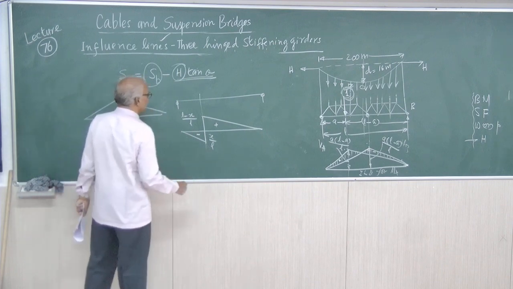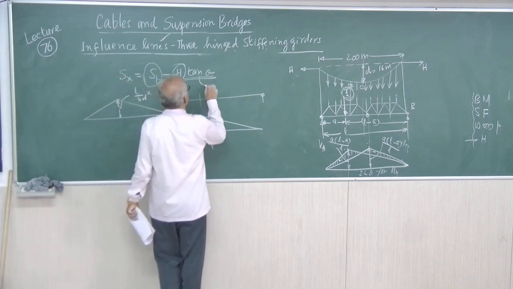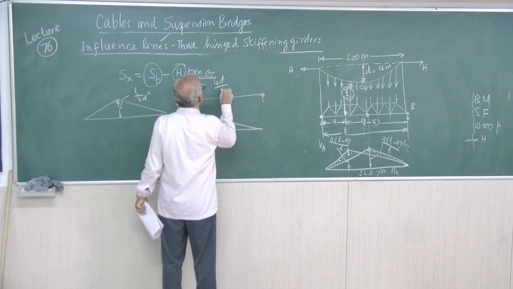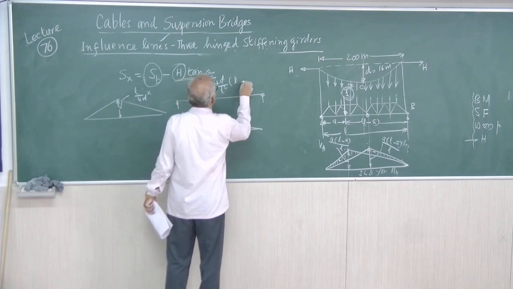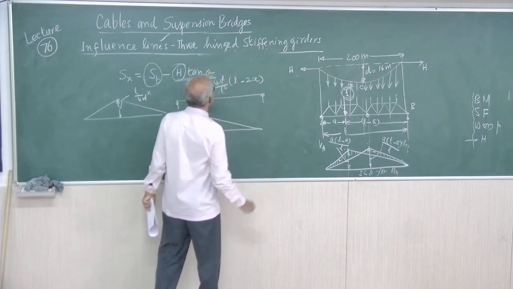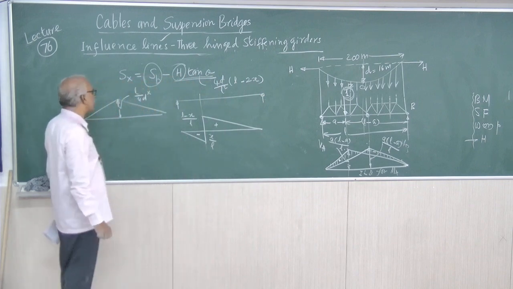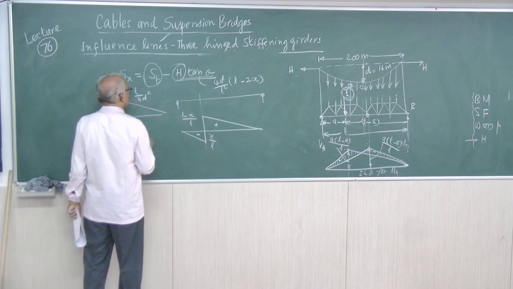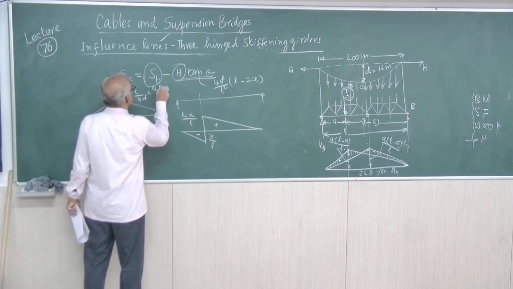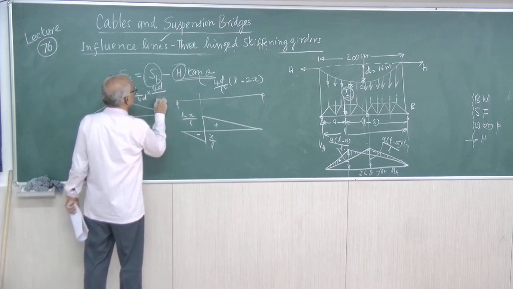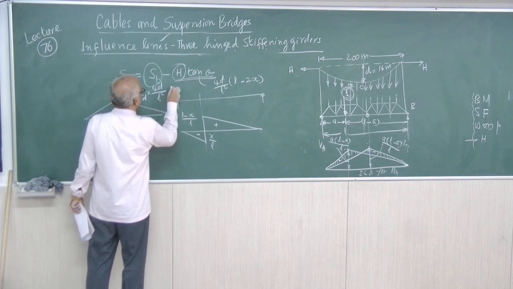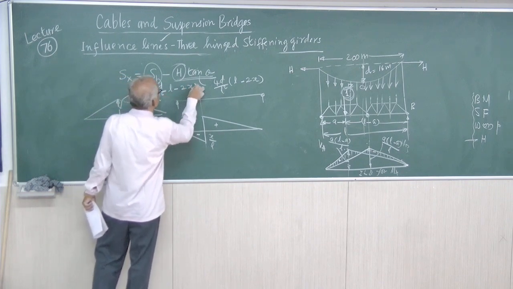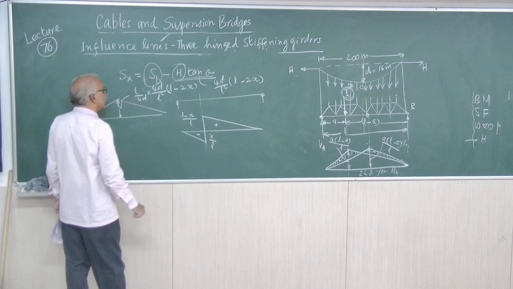What is tan theta? Tan theta equals 4D by L square into L minus 2x. You will have to substitute and get the value. In the given problem, D will be known, L will be known, and L minus 2x will be known, since the section at which we want the value is known.